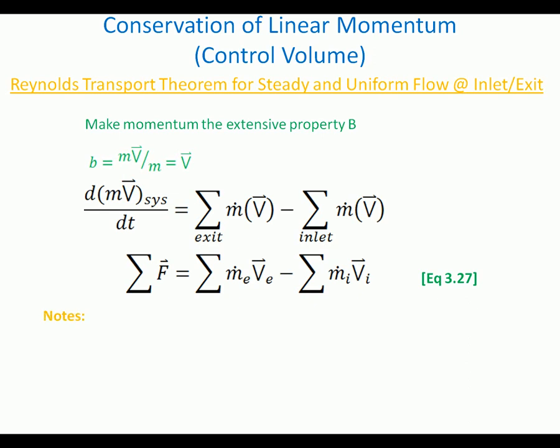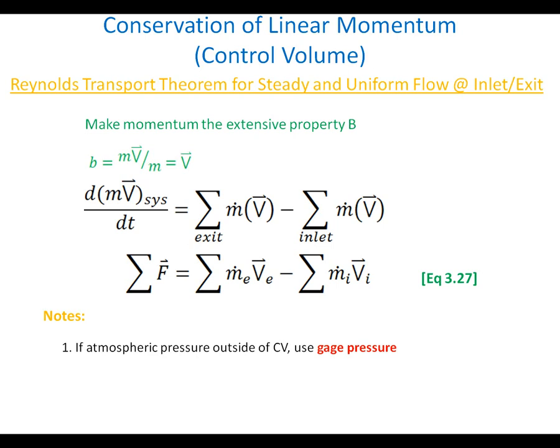Some quick notes. If atmospheric pressure is used, we just use gauge pressure. The way you would know that atmospheric pressure is outside is that they would say we're looking at a pipe, the pipe opens out to atmospheric pressure, or the pipe starts at atmospheric pressure. If there's atmospheric pressure involved in how you're balancing this equation somewhere, you have to think that atmospheric pressure is then acting on all sides of this control volume.